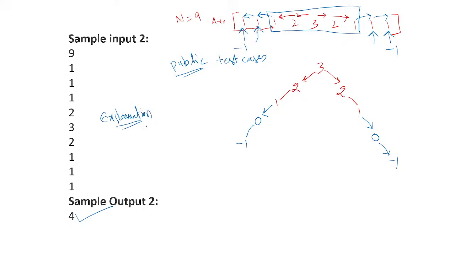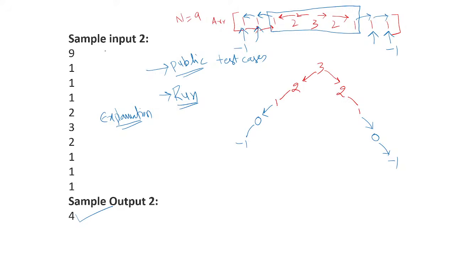After typing your code in the editor, the very first thing is you need to run your code. When you run your code, it is tested against these public test cases.